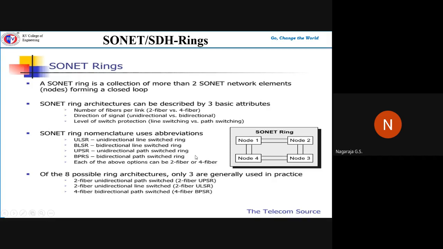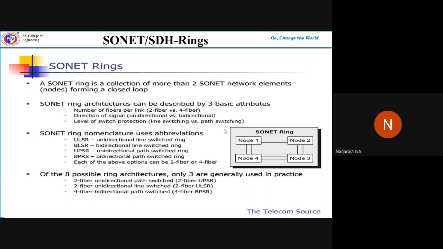When I talk about line switching and path switching, these are related to the layers of Sonet that I mentioned during my earlier presentation. Hence, you must understand what a path is, what a line is, and what a section is, then you can easily follow what ULSR, BLSR, UPSR, and BPSR terminologies mean.